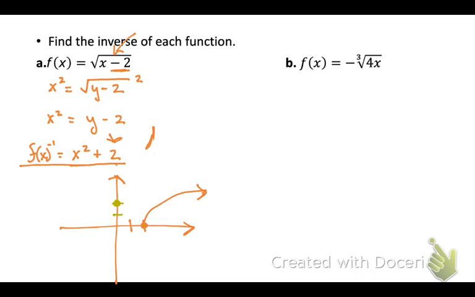And then let's figure out, if I put in 4, what would it be in this graph? Oh, we don't want to do that. We want to put a 6 in there. Why do I want to put 6 and not 4? Well, 4 minus 2 is 2, and then I'd have the square root of 2. Do you want to do the square root of 2? No. I want to do the square root of 4.